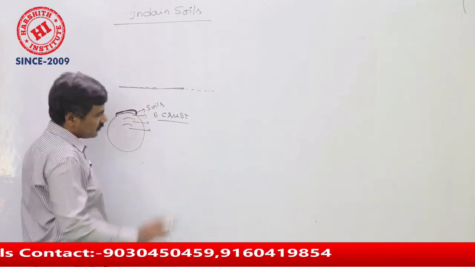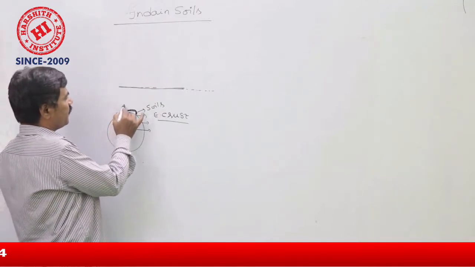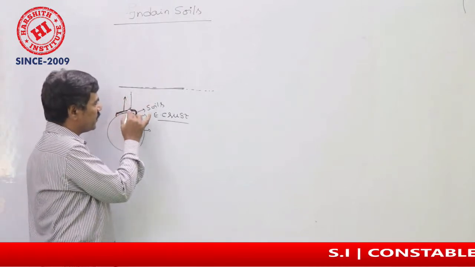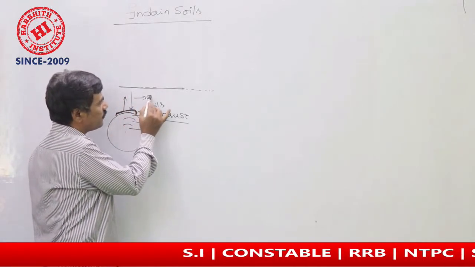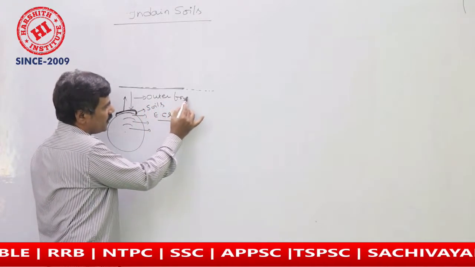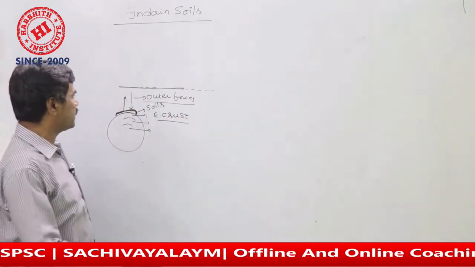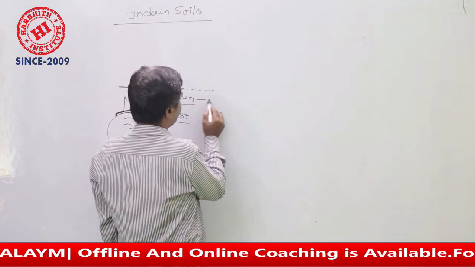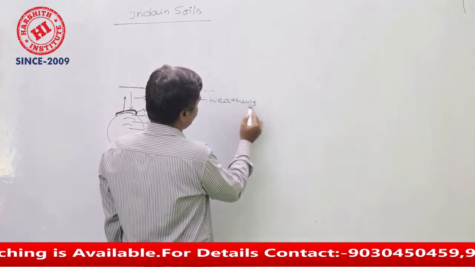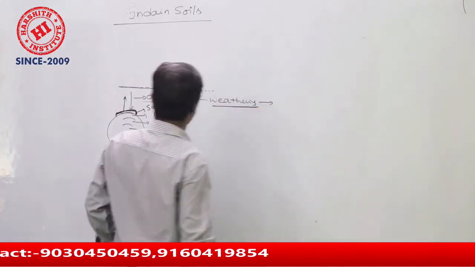The rock surface is converted into soil by outer forces. By the weathering process, the upper part of the earth crust is converted into soils.